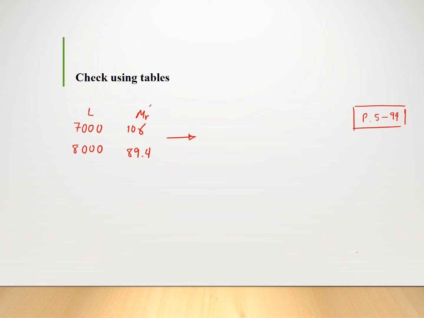If you do the interpolation, Mr for 7300 millimeters will be 101.0 kilonewton times meter. As you can see, it is really close to what we calculated here.